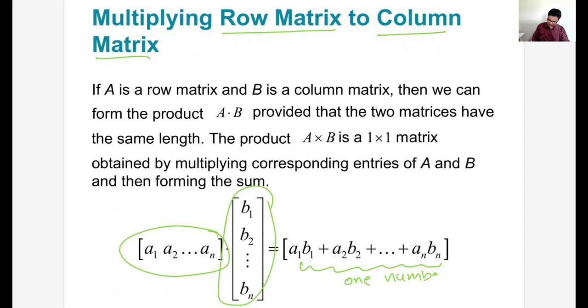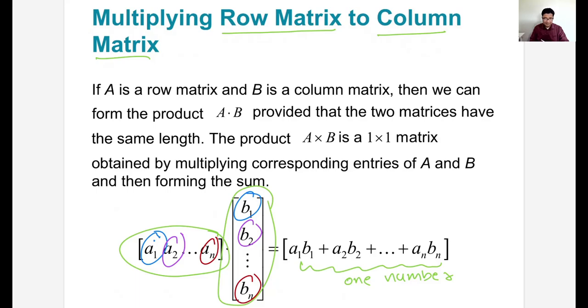The result is just one number. And what is that one number? That one number is the sum of these products. A1 with B1, A2 with B2, and so on, ultimately AN with BN, and then you add those products. That is the product of that row with that column.